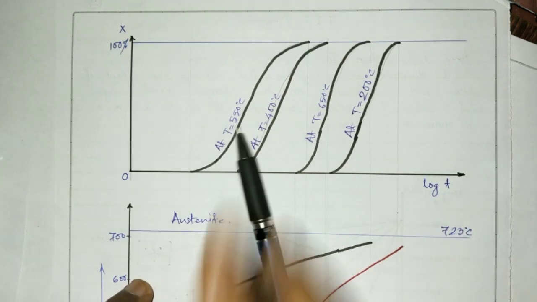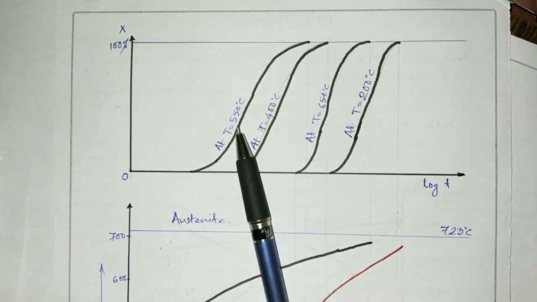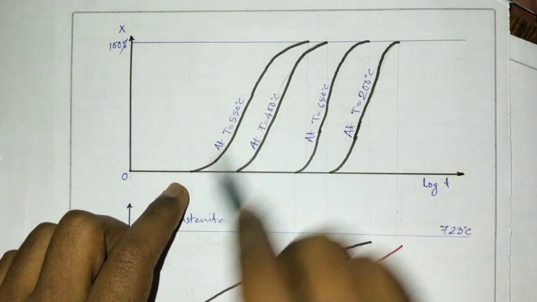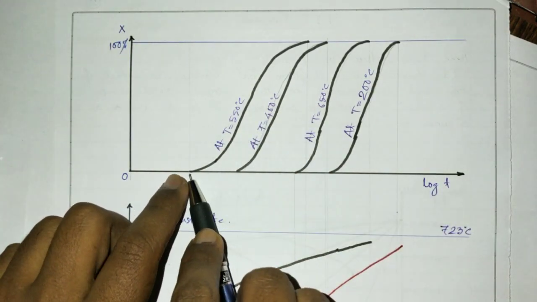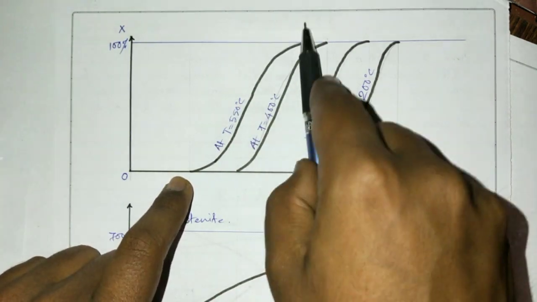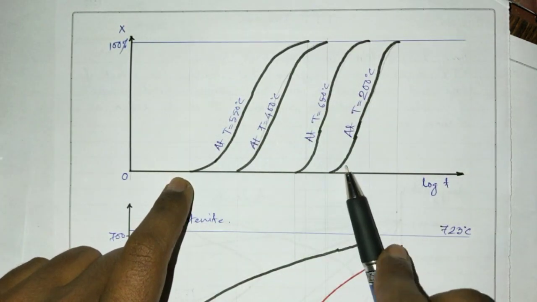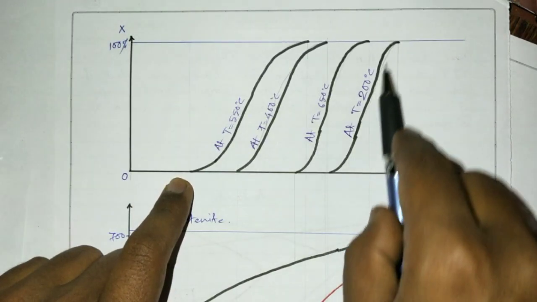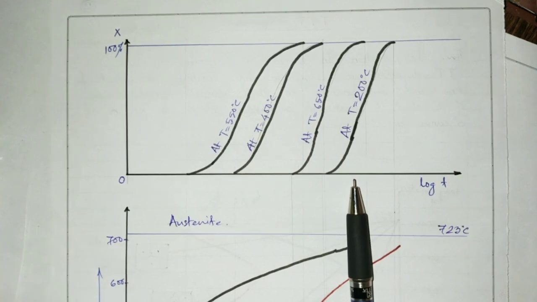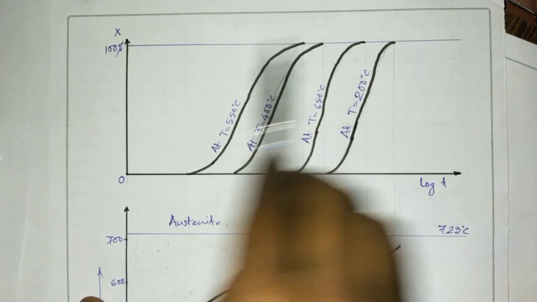For example, at 550 degrees centigrade for 0.8% carbon austenite, the transformation starts very early and also ends earlier than the transformation that occurs at 200 degrees centigrade. So for a particular type of steel, at certain temperatures, how much time is taken, where the transformation starts and where it ends, is given by this diagram.